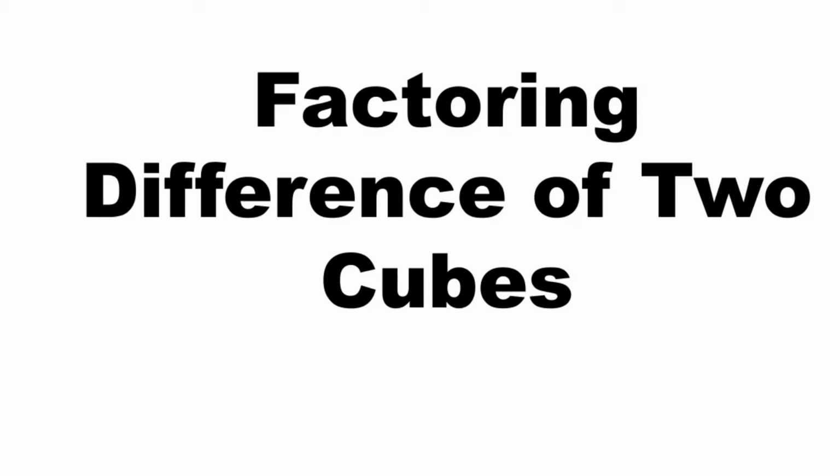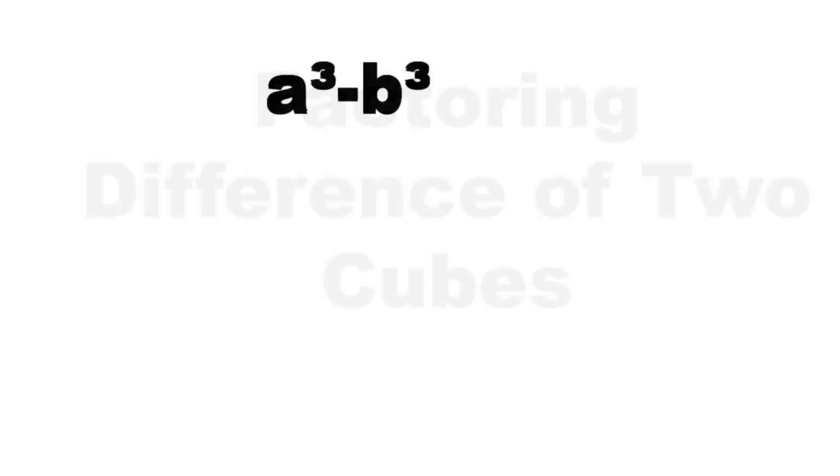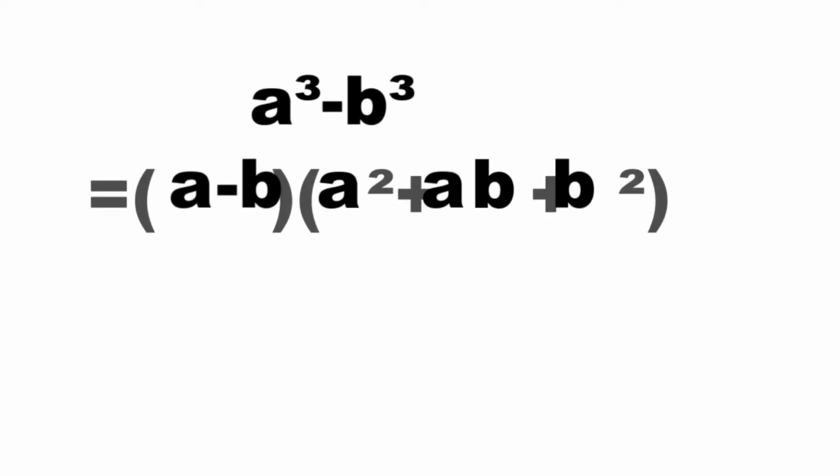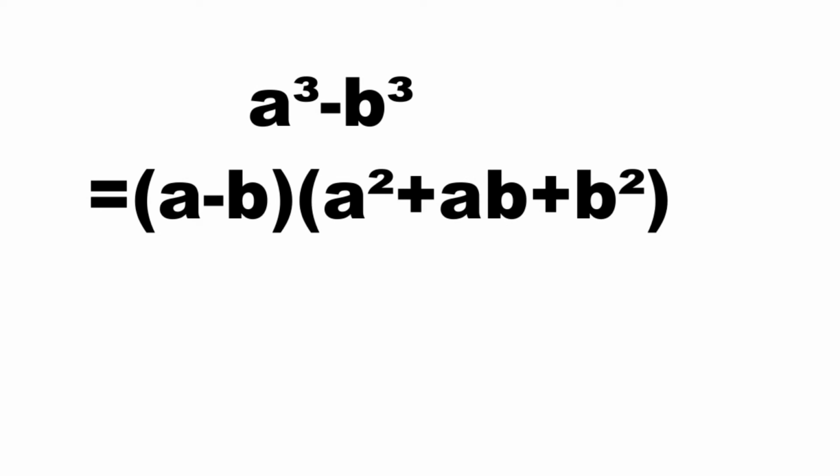Our topic for today is factoring the difference of two cubes. It is in the form a cube minus b cube, and the factor is in the form quantity a minus b times quantity a squared plus ab plus b squared.